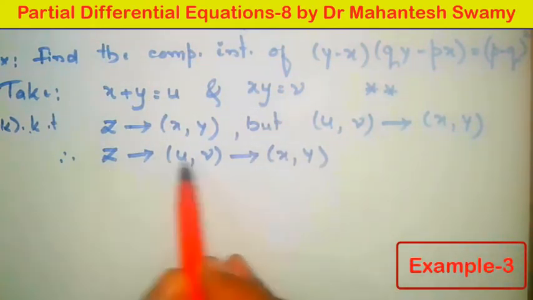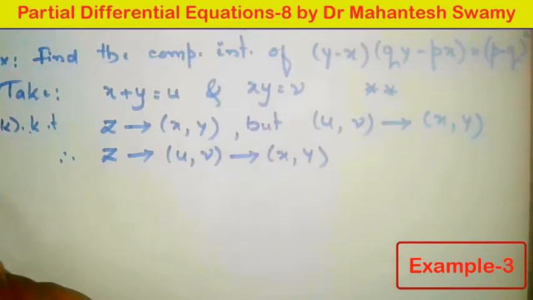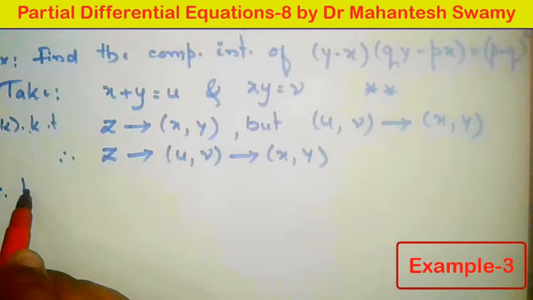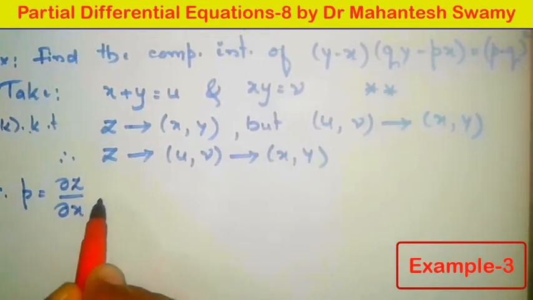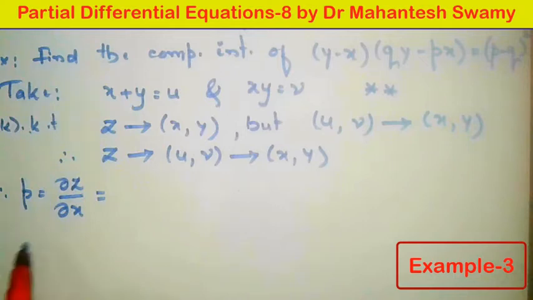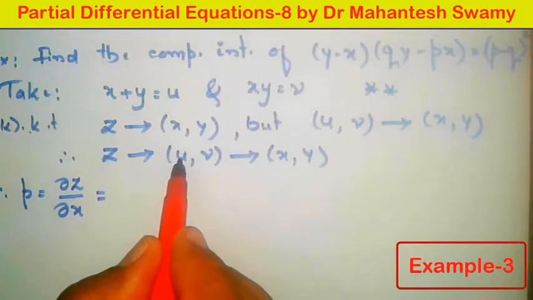So with this in mind, we can now write down the value of p. Therefore p, which we know as ∂z/∂x, by using the chain rule we can write ∂z/∂x as follows. First we have to differentiate z with respect to the first member.